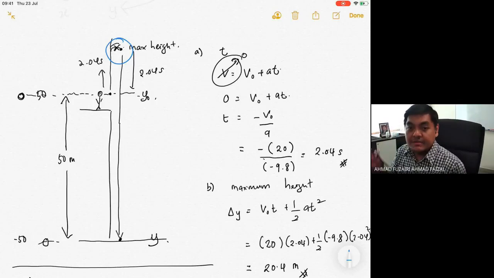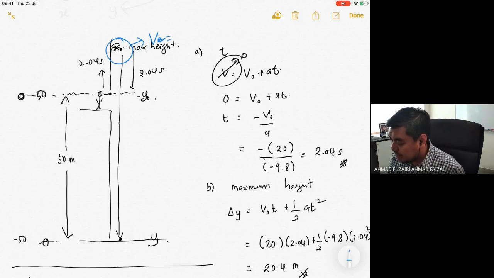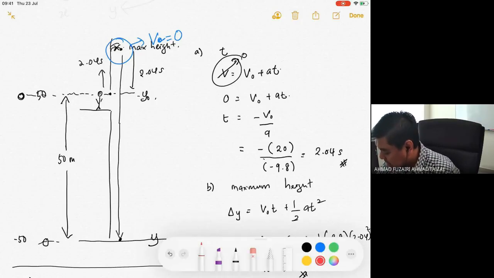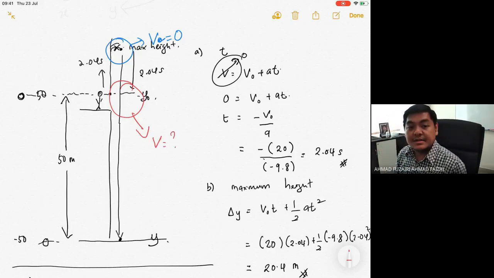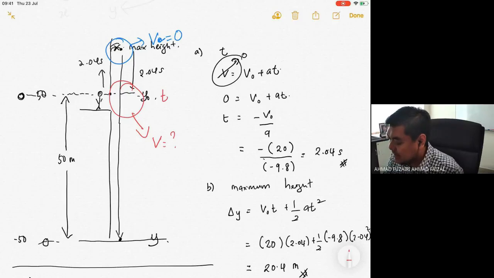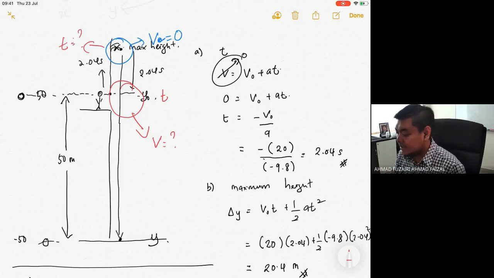Kat situ confirm v equals to 0. Sini confirm bukan v equals to 0. Tapi yang soalan C, dia nak tahu dekat kawasan warna merah. So dekat sini, v dia kita nak cari. Okay, so time dekat sini tak sama dengan time dekat sini, tak sama. It's not the same. That's why saya gunakan cara yang kedua.